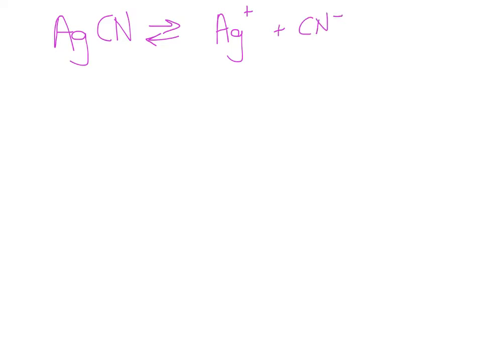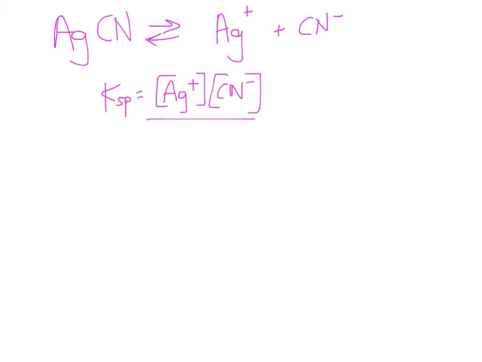So that's silver cyanide turning into Ag+ and CN-. So the KSP value is just like any other equilibrium constant. It's products divided by reactants raised to the power of their coefficients. And there are no coefficients here, so just products divided by reactants in this case.